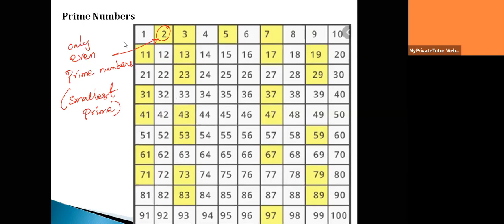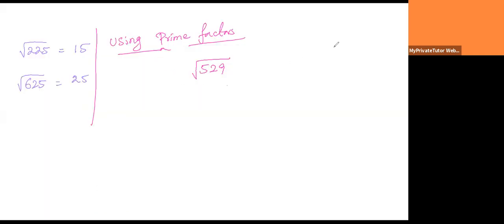Okay, what is prime factorization? Let me explain that. Let's take the same example, 529. I think you saw the prime numbers. We are going to divide the original number only by prime numbers.